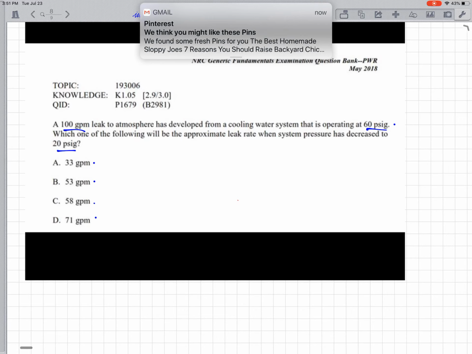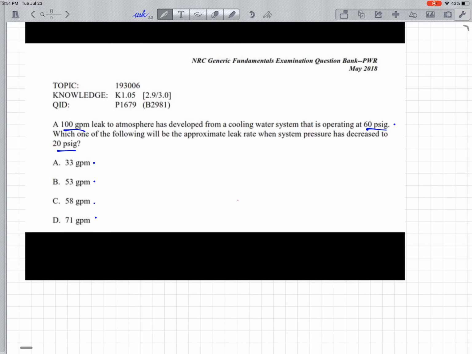Now we read the problem. A 100 gallon per minute leak rate to atmosphere has developed from cooling water system that's operating at 60 psig. Which one of the following would be the approximate leak rate when system pressure has decreased to 20 psig? Alright, pretty standard problem. So what they're saying is, you have a pipe. In that pipe is a hole.